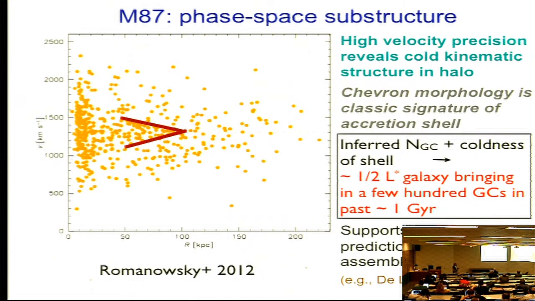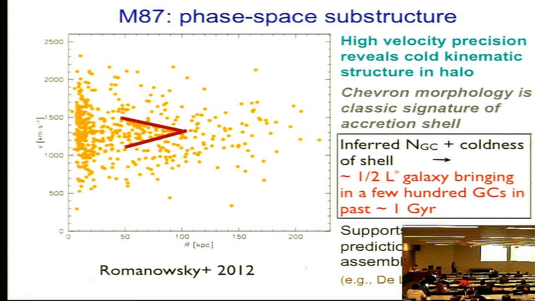And when you look at the globular clusters associated with the chevron in more detail and do the analysis, the number of globular clusters that we infer are associated with this satellite accretion, this shell in velocity position phase space, and the coldness of the shell tell us that it's roughly a half L-star galaxy that has been accreted by M87 in the last gigayear or so.